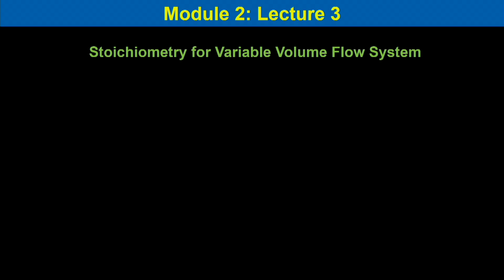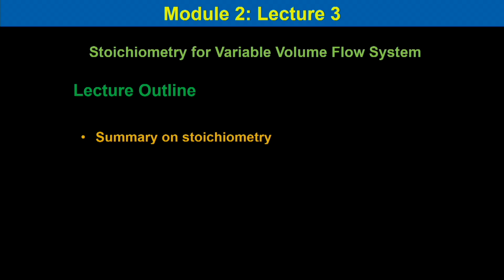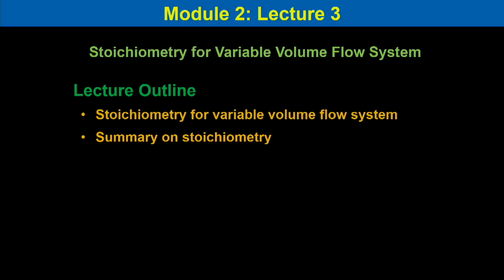Now, in this lecture, we will consider stoichiometry for variable volume flow system, and the lecture outline would be stoichiometry for variable volume flow system, and then we will summarize the stoichiometry discussed till today.